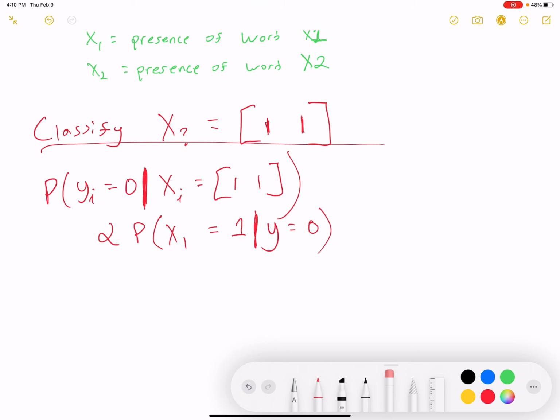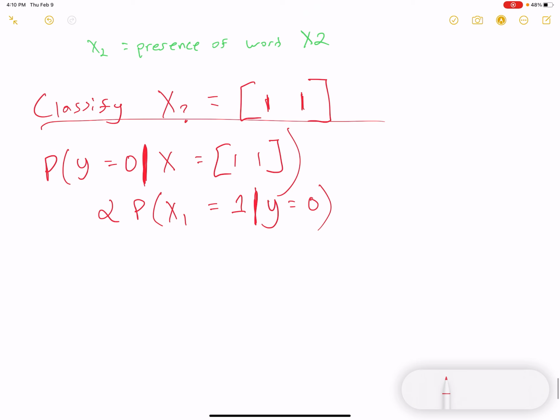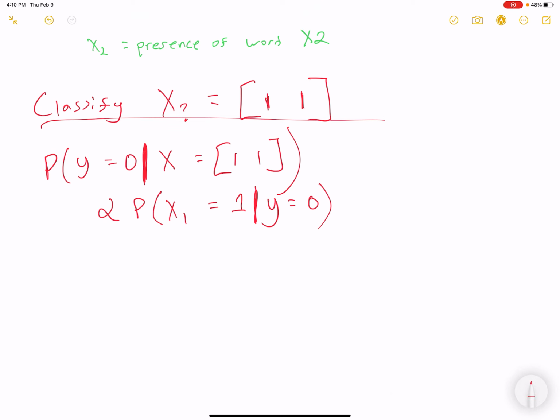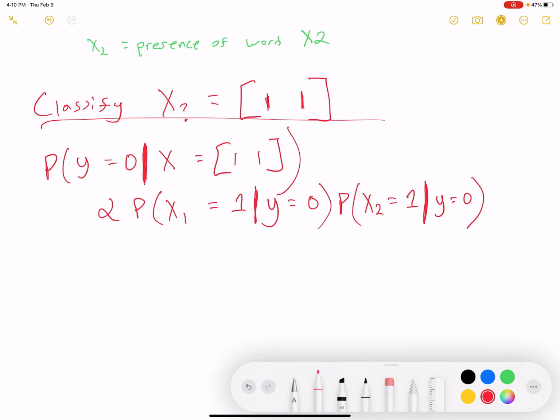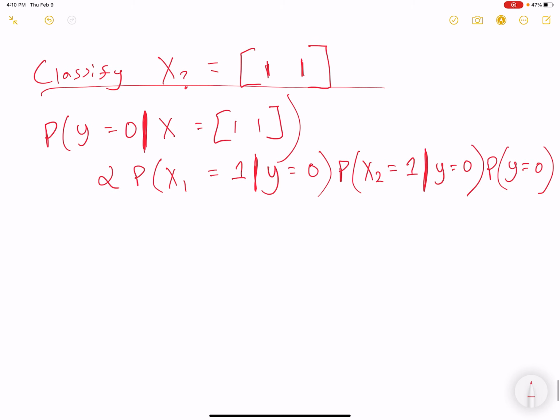I'm going to remove the i subscript just to make things less confusing. Times the probability that x2 equals 1, given that y equals 0, times the probability that y is equal to 0. That's just the numerator of the naive Bayes equation.